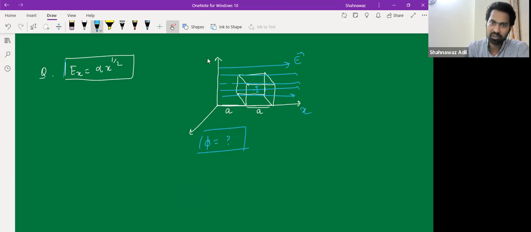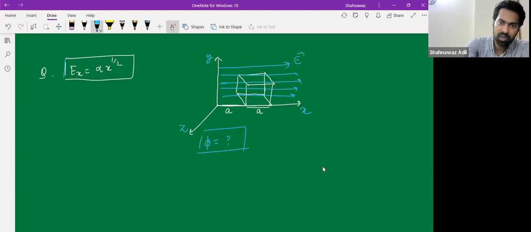This is x, this is y, this is z. So this electric field is only in the x direction, and there is not any charge. Understood?